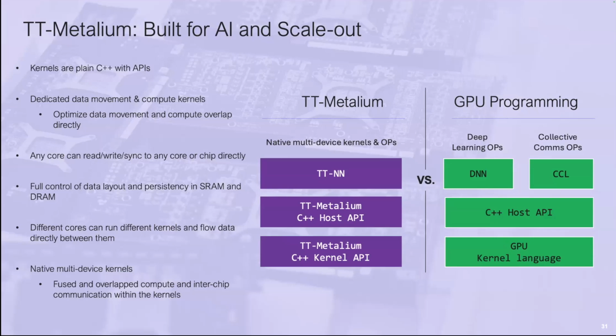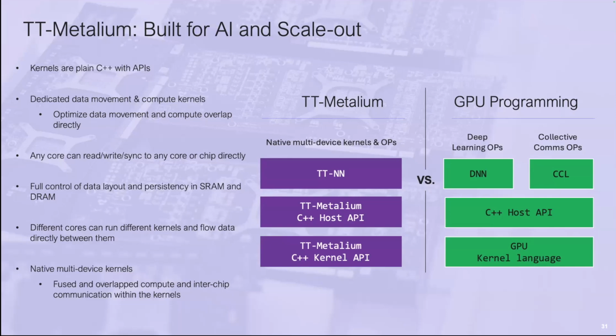You can think of it as the CUDA analogous to NVIDIA GPUs, for example. And what I mean by that, and it's probably obvious from where I was talking about how you would write kernels, is if you want to write a good CUDA kernel, you have to know your hardware well. And if you want to write good Metalium kernels, you have to know your hardware well.